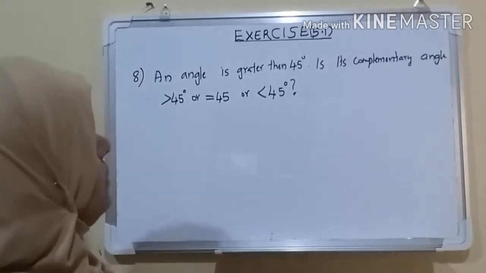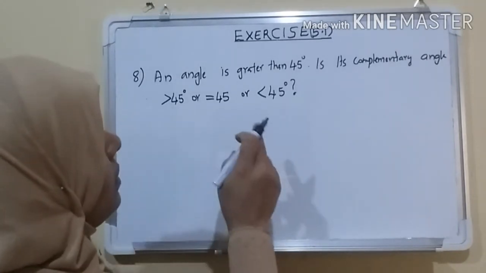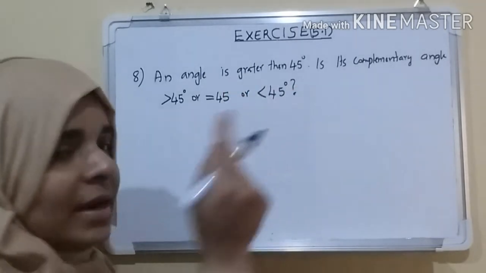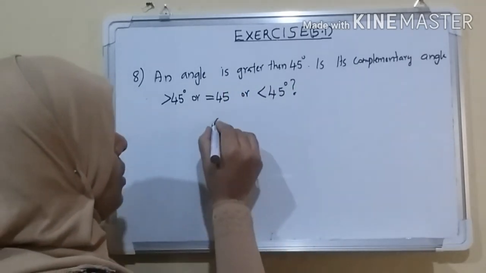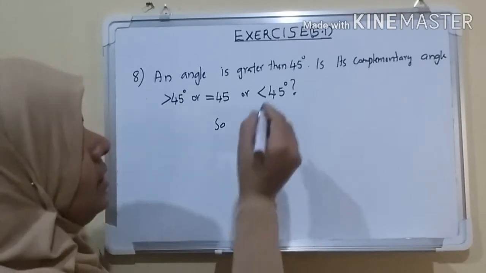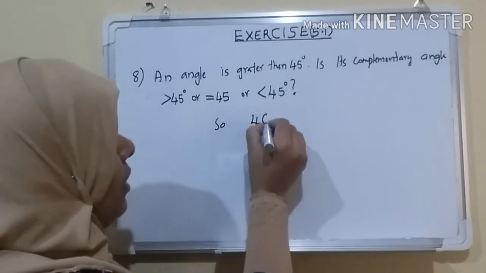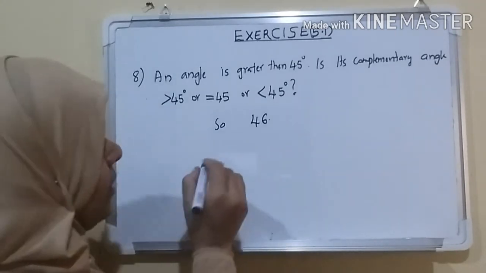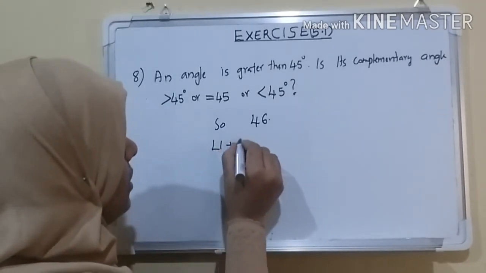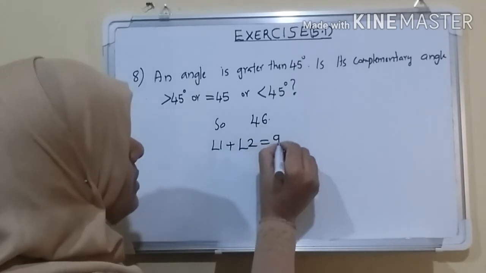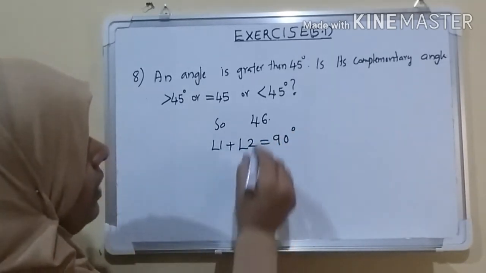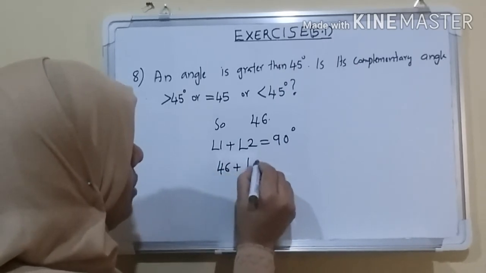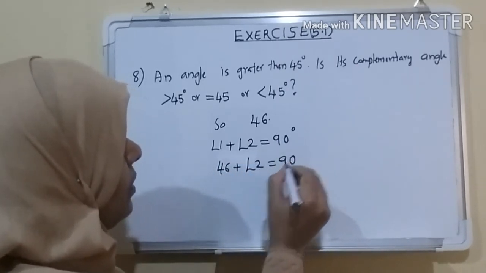Here I will explain this answer using one example. Here one angle is given greater than 45. So I am taking the angle as 46. Then what will be the next angle? We know that the complementary angle sum is 90 degrees. One angle is 46, so 46 plus angle 2, which we don't know, equals 90.